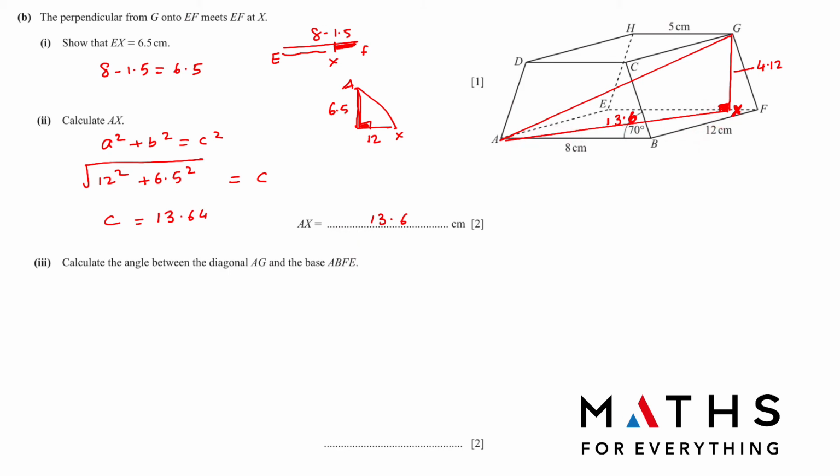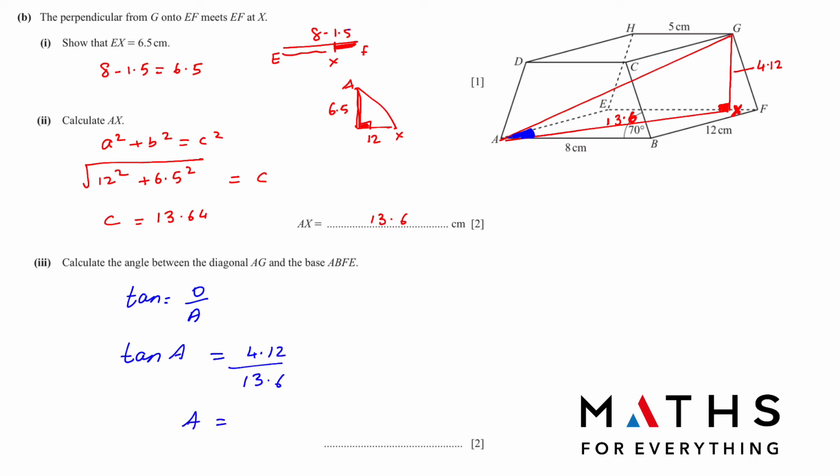Now, which angle are we looking at? This is the angle we want to find. And this is the right angle triangle. You have the opposite and you have the adjacent. Whenever you have opposite and adjacent, what do we use? We use tan. So tan A is equal to 4.12 over 13.6.